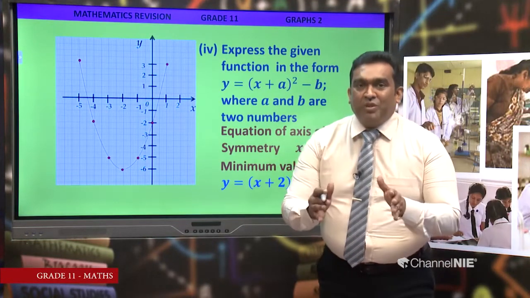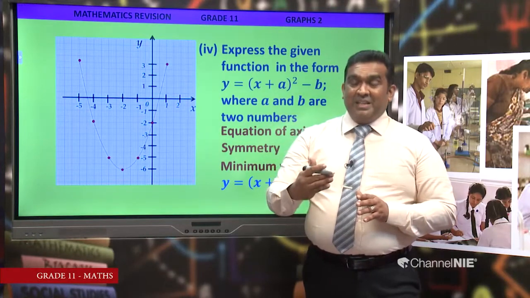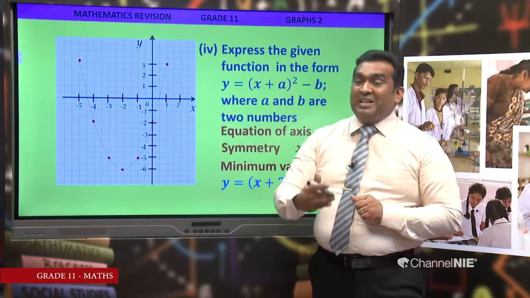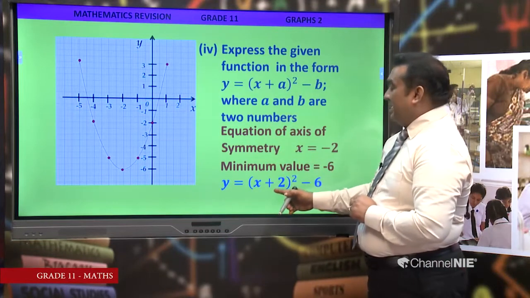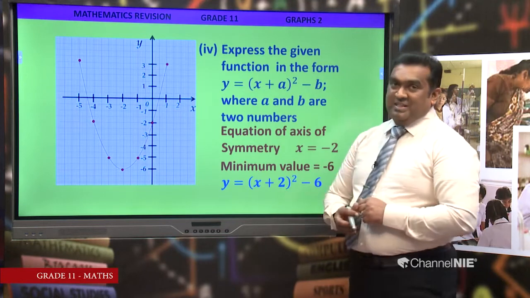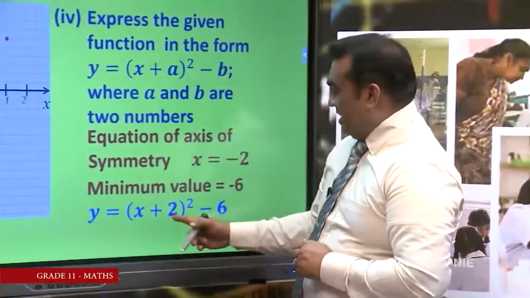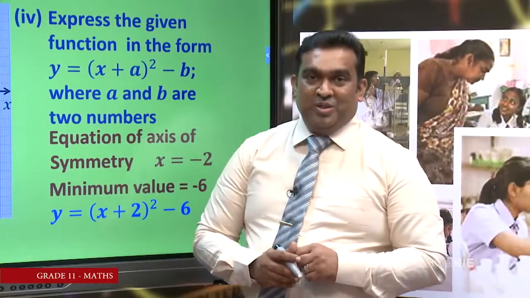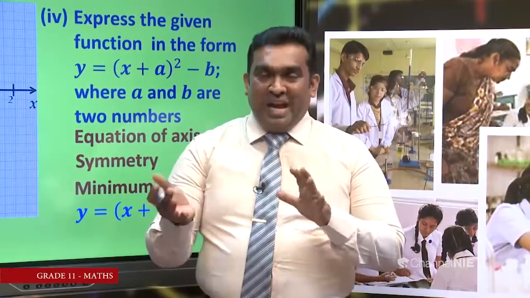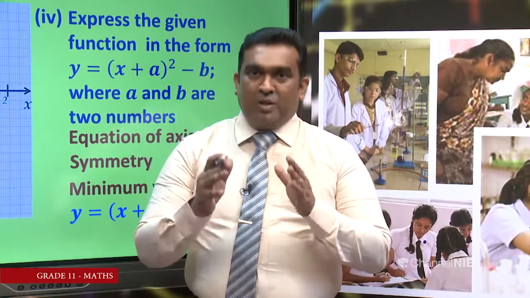If the equation of axis of symmetry is x equals 1, here you have to write x minus 1. Here minus 2, here plus 2. Try to get the difference. Right? This is a special pattern.